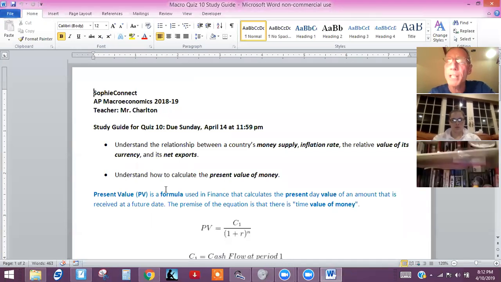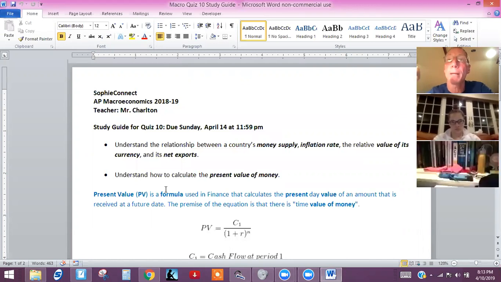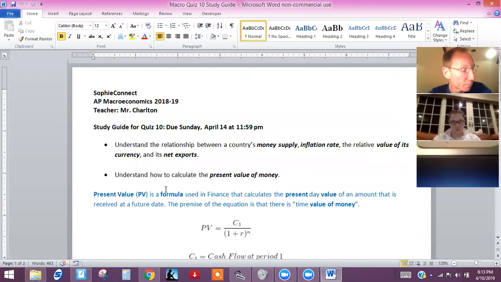Which means they'll demand dollars, which means that when the demand curve shifts to the right, that pushes the value of our currency up, right? So if our inflation rate goes down, our net exports end up going up, and our currency ends up going up. Okay, does that make sense?